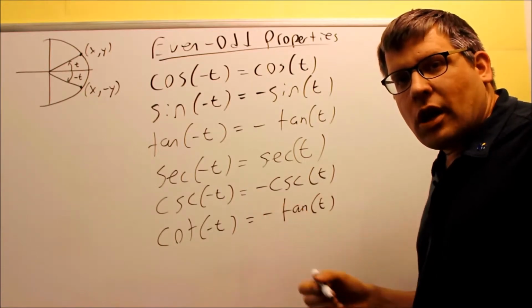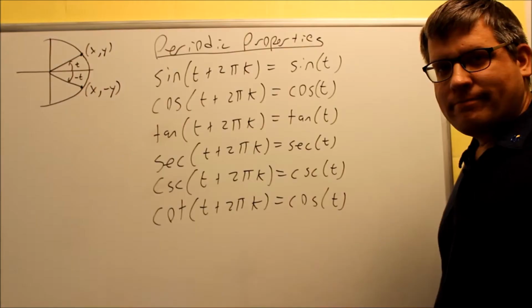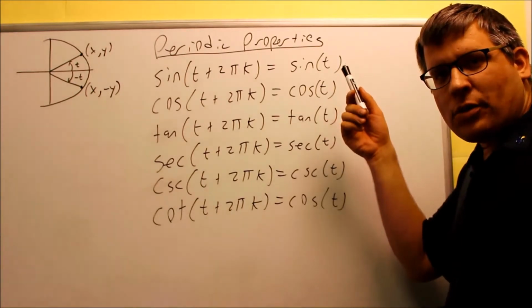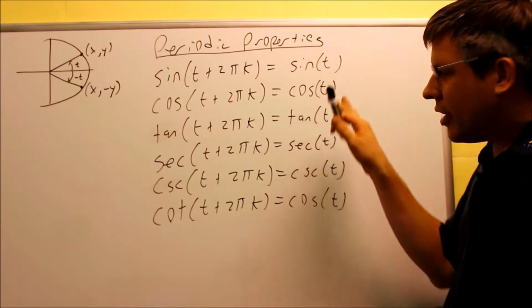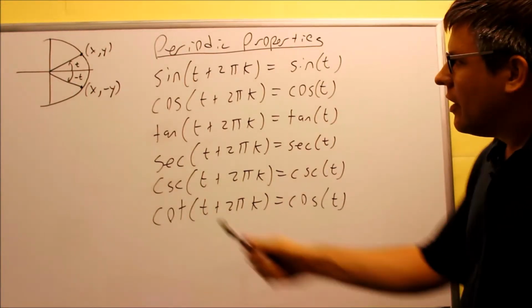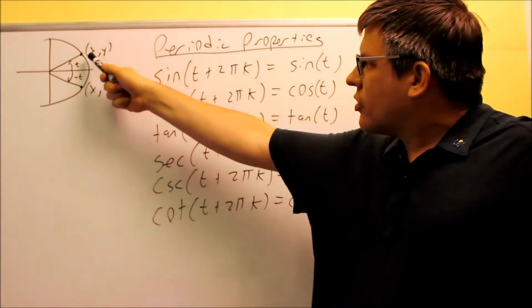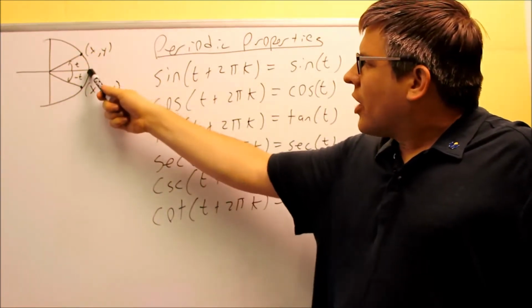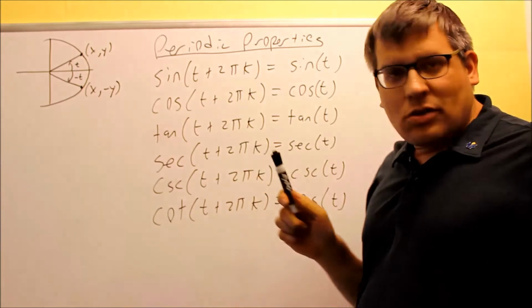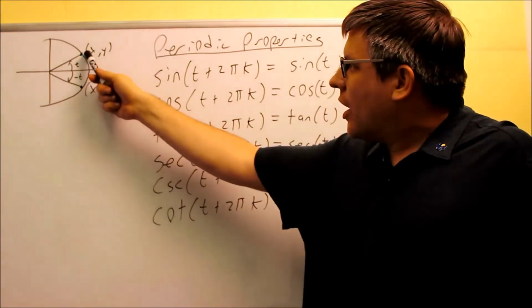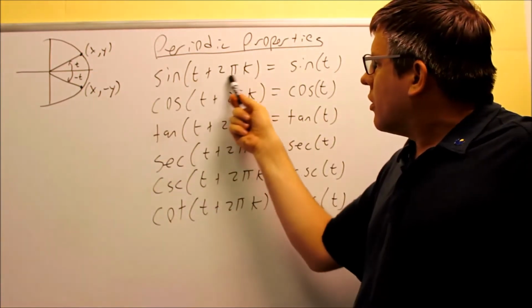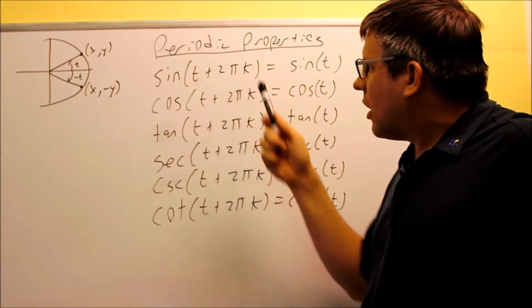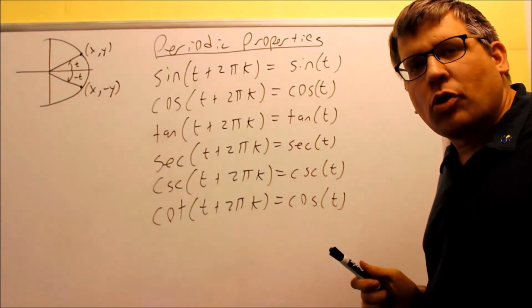Next, we're going to take a look at the periodic properties. Okay, so here are the periodic properties. Let me explain how we got these. Let's suppose here's the drawing I had earlier. If I start at this angle right here at t, and this part right here, 2 pi k, that's talking about how many revolutions we're going around the circle.